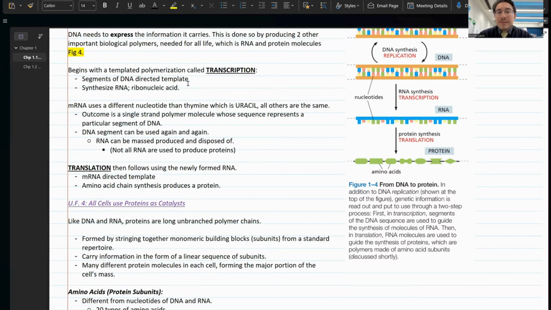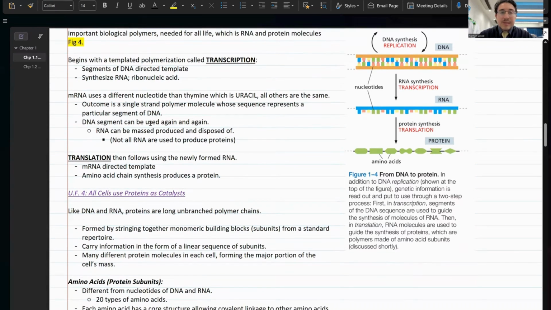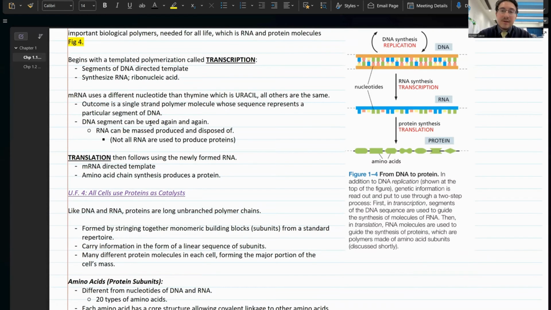So the outcome of transcription is a single-stranded polymer that represents a particular section of that DNA, a particular gene of interest that needs to be activated at this particular time for whatever reason. Interestingly, that RNA that was synthesized could be used multiple times.